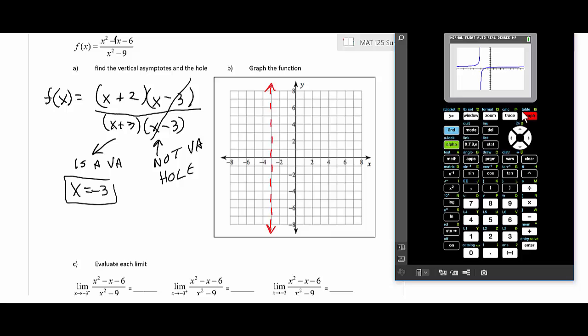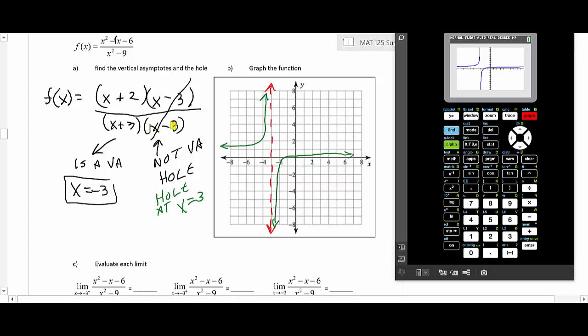Okay, and all we're going to do on this is just get a real rough graph. So I'm not even going to get any values. I'm just going to have you draw something kind of like that, and then something kind of like this. It doesn't have to be perfect, just get a rough idea, okay? Now, we have a hole at x equals 3, okay?